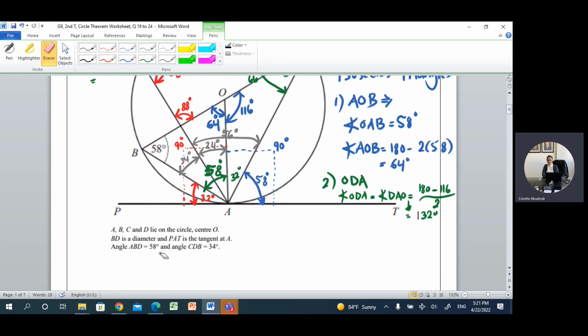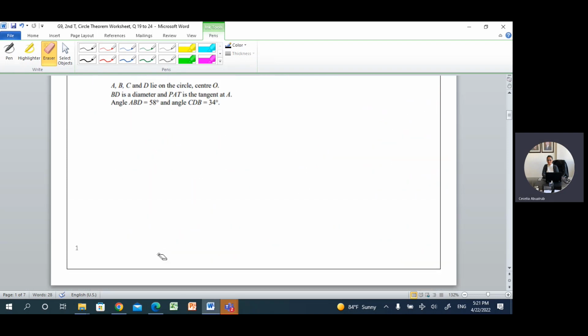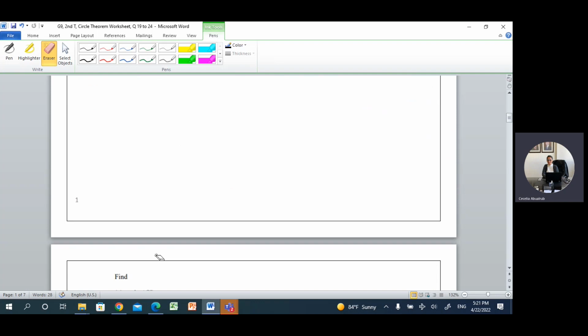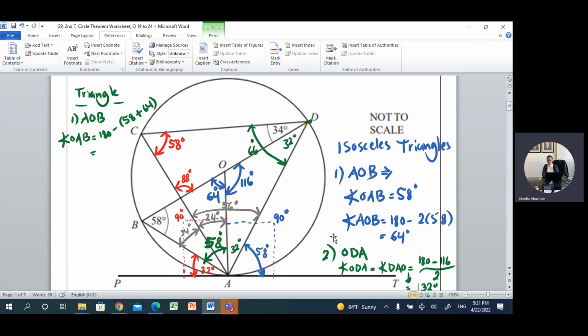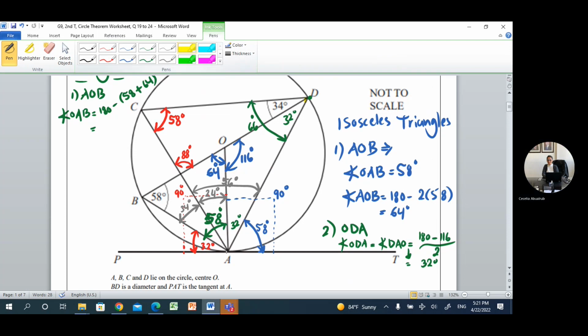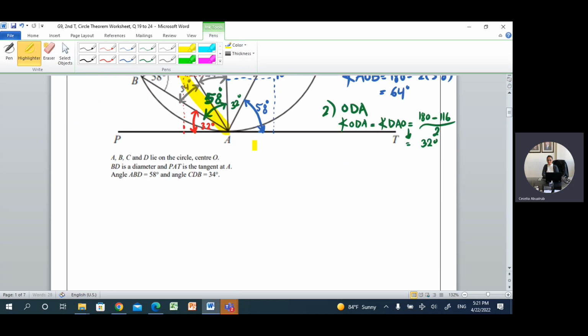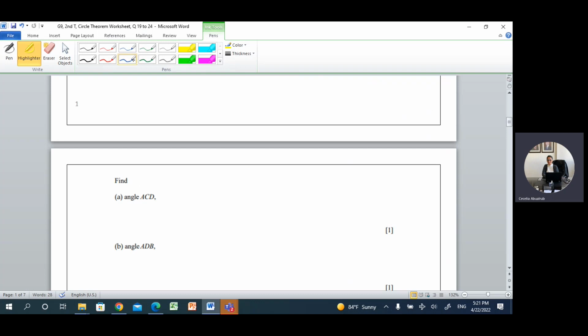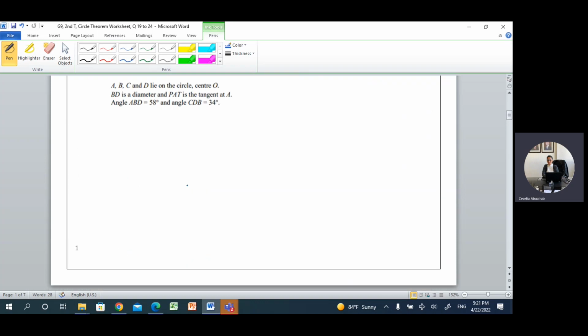So in order for you to write the answers, let's do that together. ACD is equal to 58, so the answer here is 58 degrees.